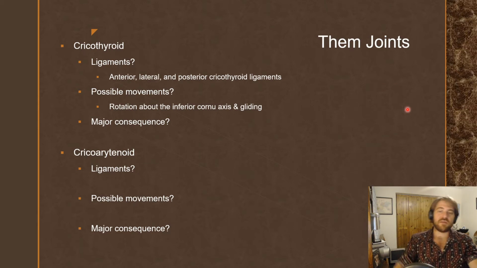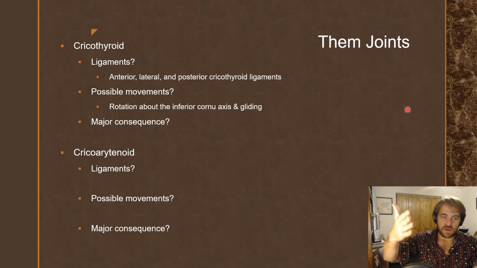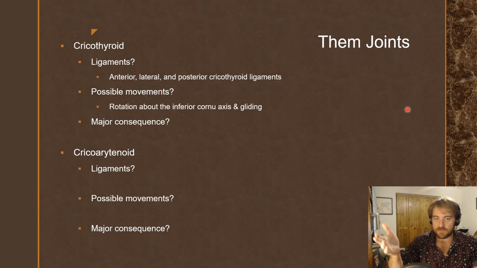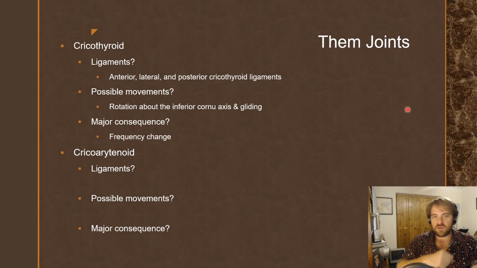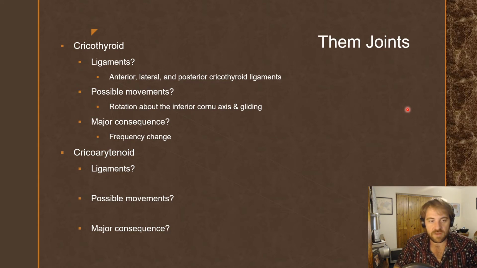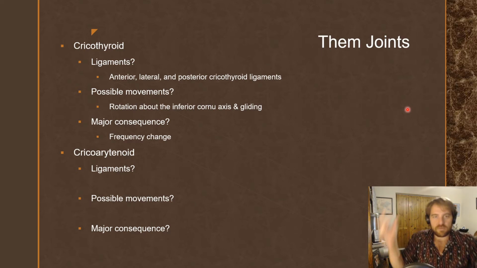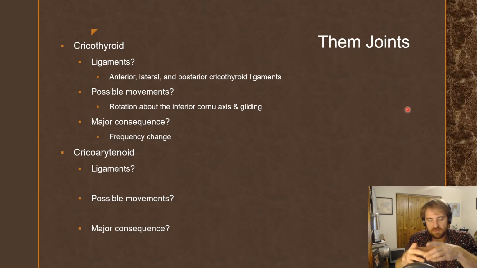And what is the major consequence of either of those movements? A frequency change. That movement of the cricothyroid joint is mostly what's contributing to frequency change. Overall, most of the variance is taken up by the movement of the cricothyroid joint.